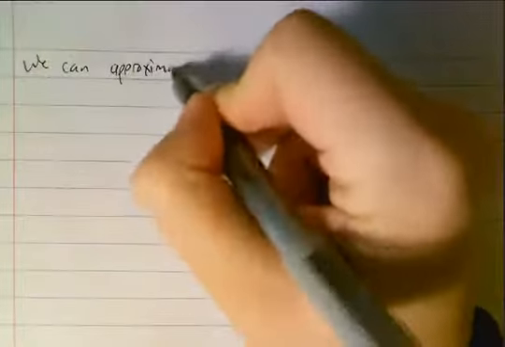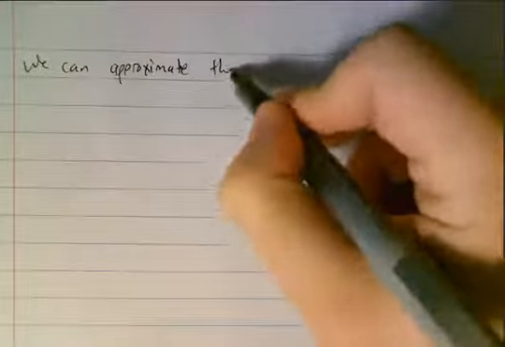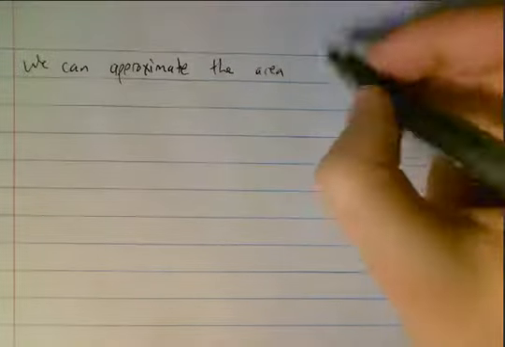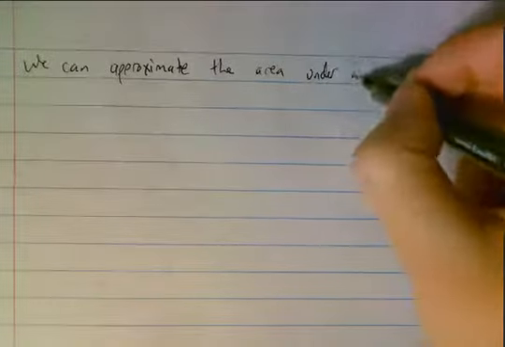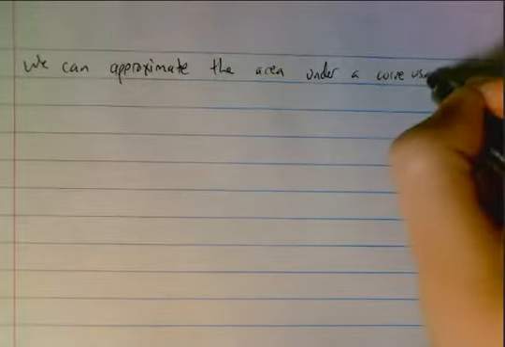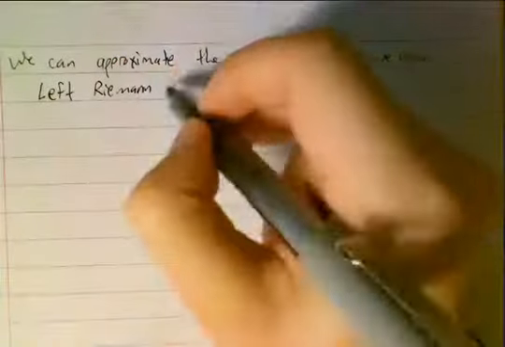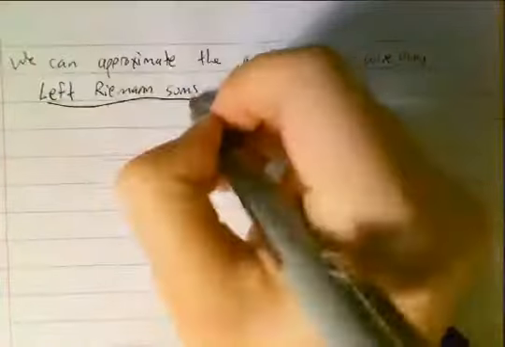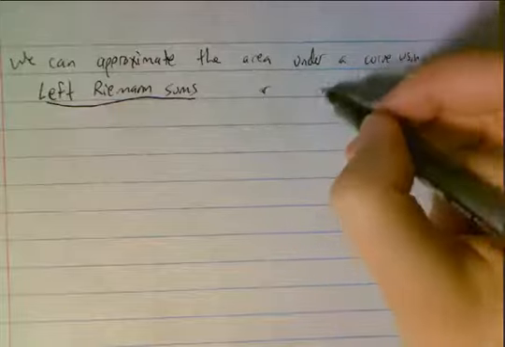And so we can approximate the area under a curve using what are called left Riemann sums or what are called right Riemann sums.